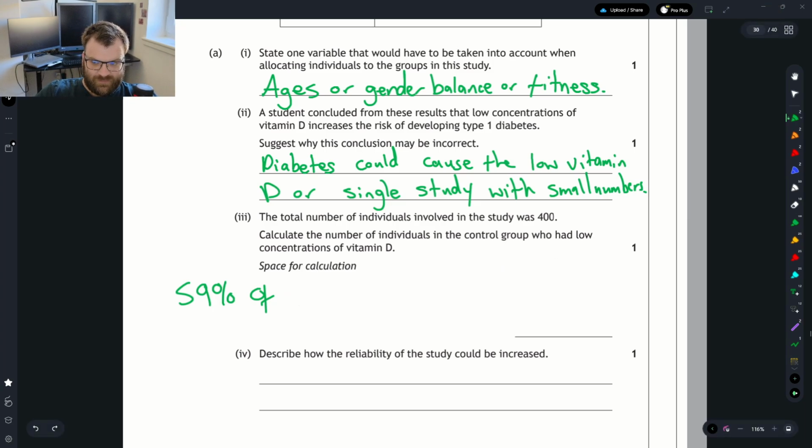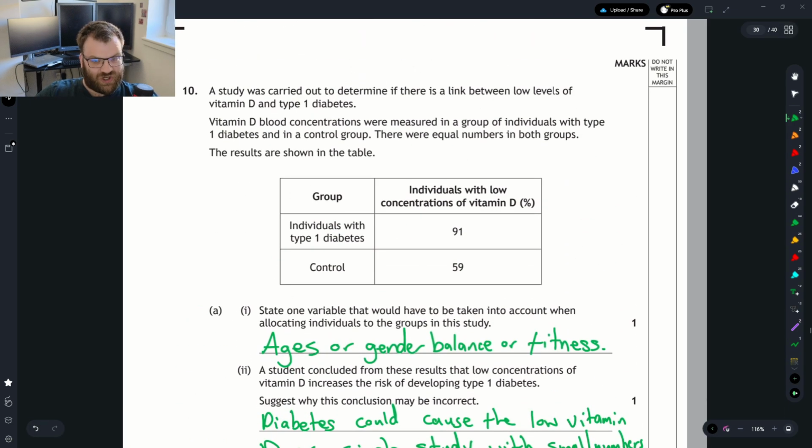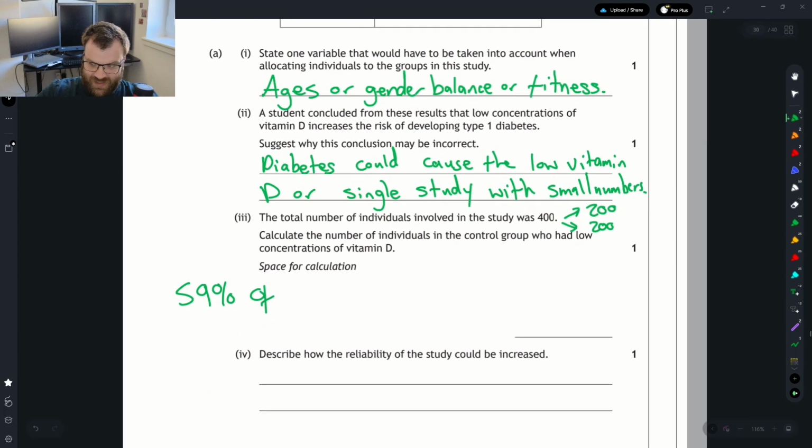If the total number of individuals is 400, that must mean there's 200 in each of the groups. So there's 200 in the individuals with diabetes and 200 in the control. So it's not 59% of 400 as I started to do. It will be 59% of 200, which is 59 over 100 times 200, which will give you 118 as our answer. So I definitely get caught by that.